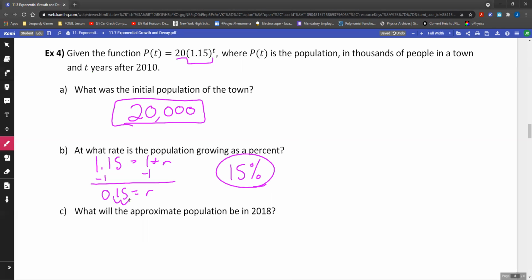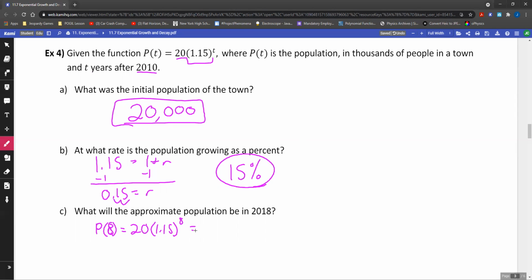All right, so the last one, it wants us to figure out what the population is going to be in 2018. Well, we're going from 2010 to 2018. So that's a passage of 8 years. So 20 times 1.15 to the 8th power.